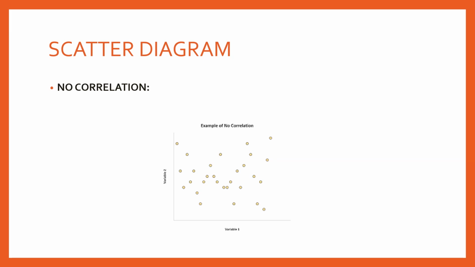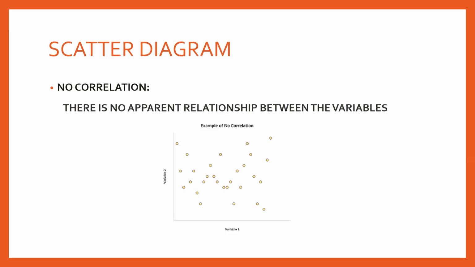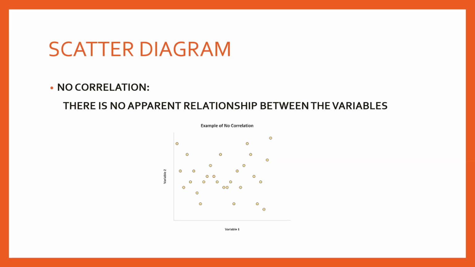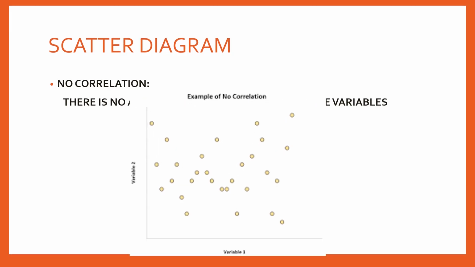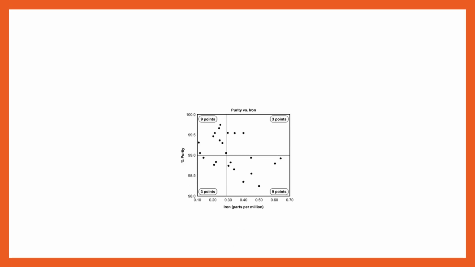So that is the way the scatter diagram depicts, and it gives a lot of good ideas for analyzing different products and processes in the garment industry to improve the quality of the garment. In the scatter diagram, there may be some cases where you will find no apparent relationship between the variables. So that is also one part of this scatter diagram.